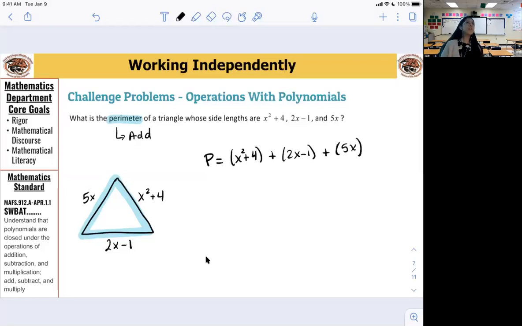Adding. Since there's pluses in between, I'm adding those numbers. I am not multiplying anywhere. So we're adding everything, yep.